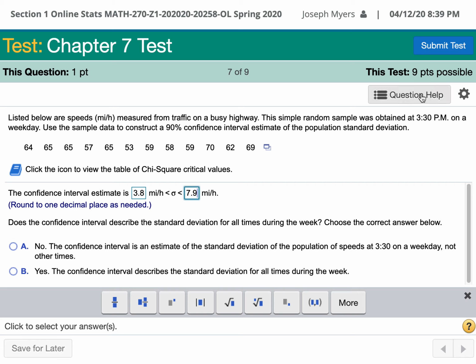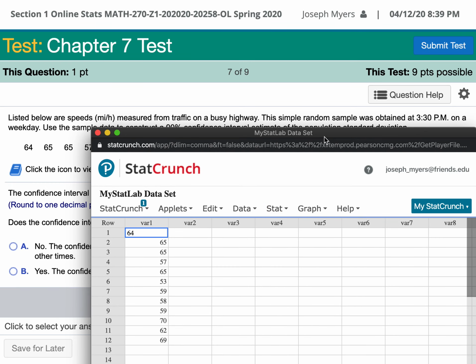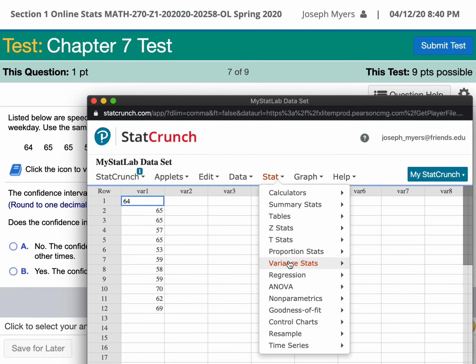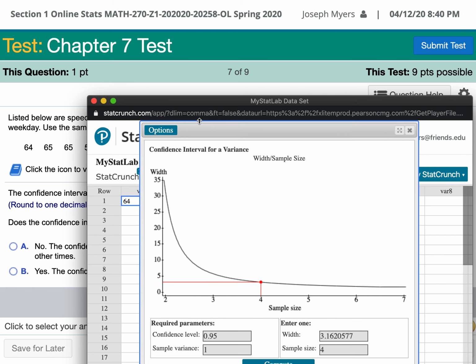So what you do is you go back to StatCrunch, and you click on Stats, and then you click on Variance Stats. And you click on One Sample, and then you click on One Sample with Sample Size right there. Okay, so now here's what you do.